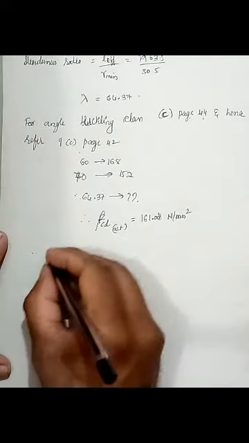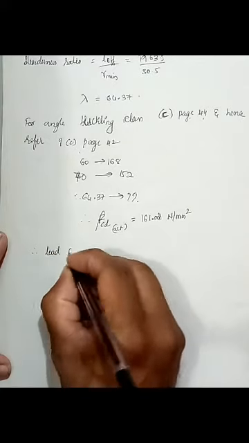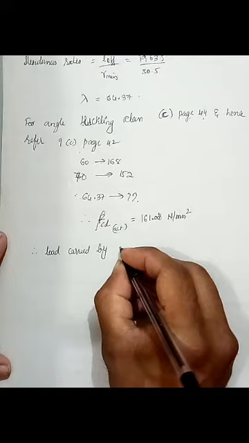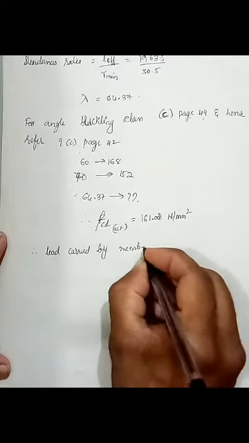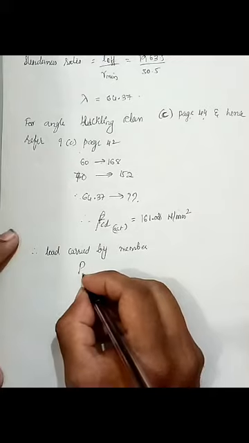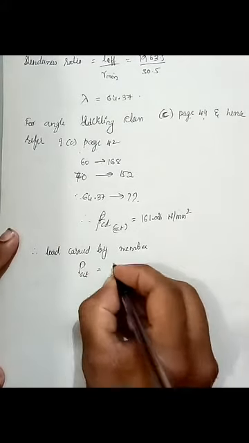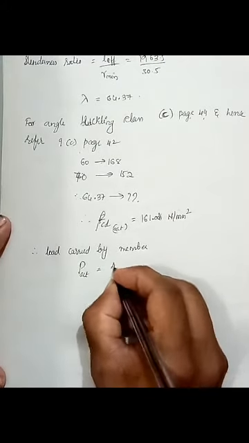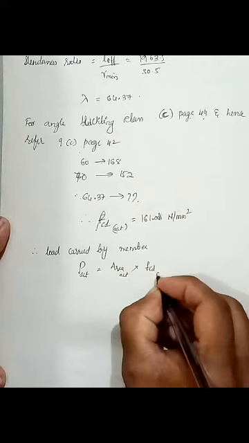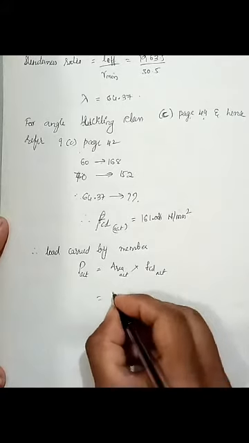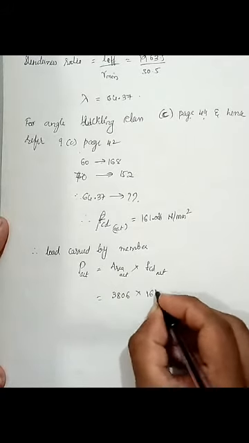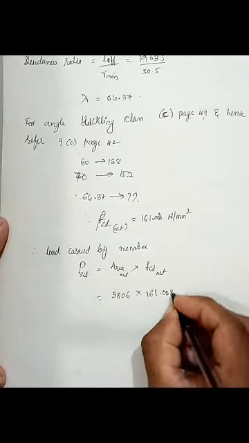So therefore load carried by the member, P actual, is equal to area actual into fcd actual. Area actual is whatever you have seen from the steel table, into 161.008.